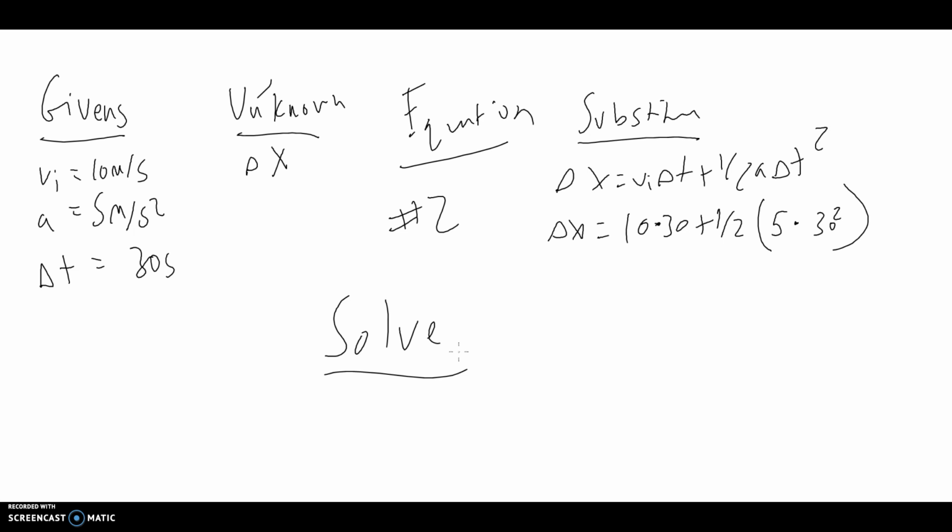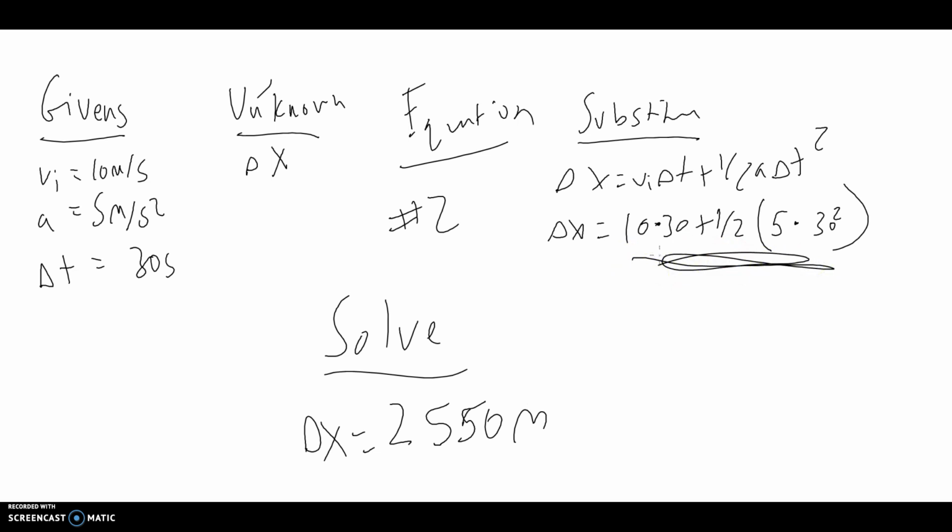So when you solve, delta x should equal 2,550 meters, which should be the change in distance that you get for this problem. Really all you do is plug this into your calculator, and that's what you should get for delta x.